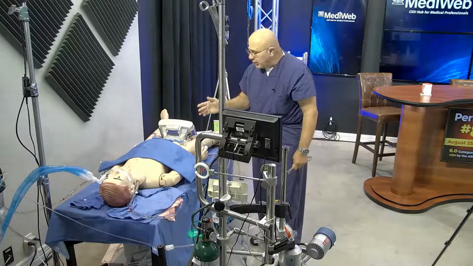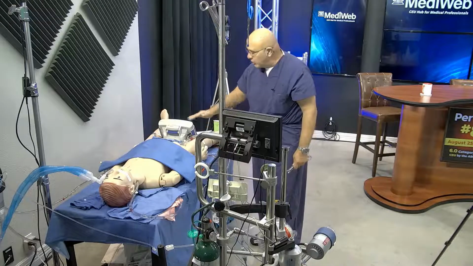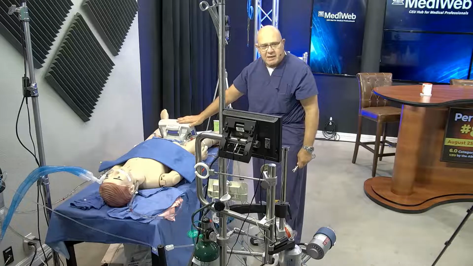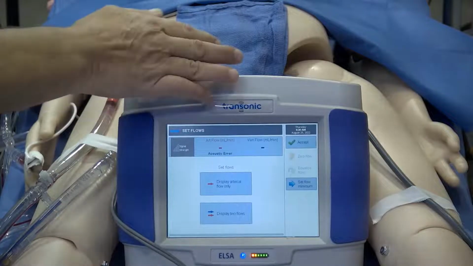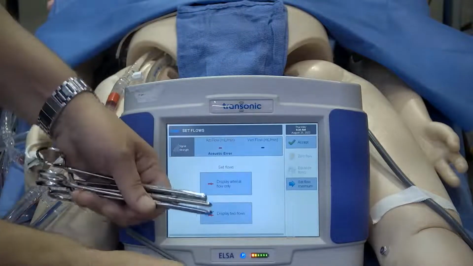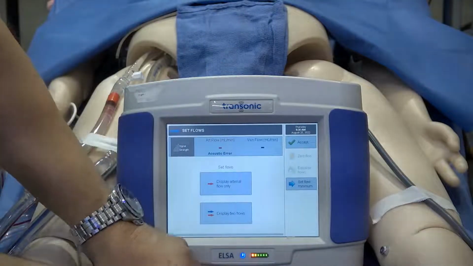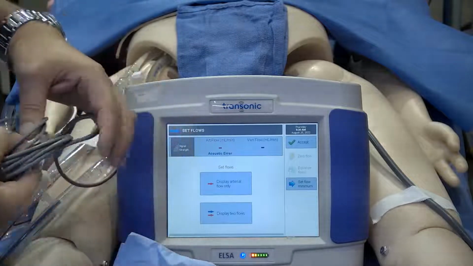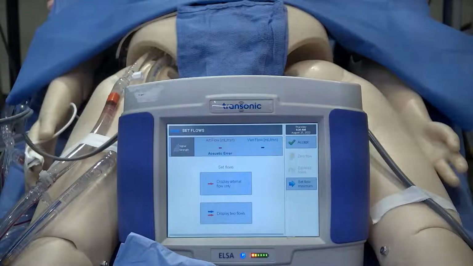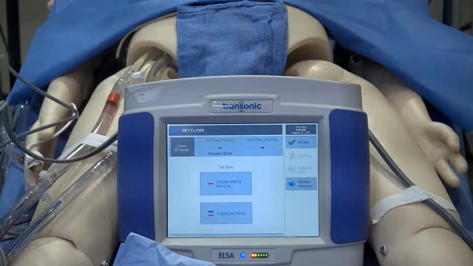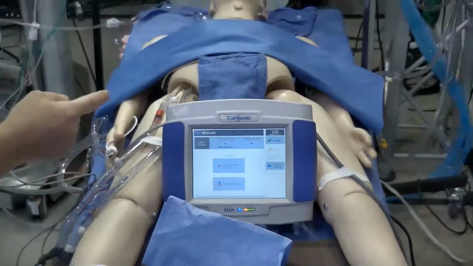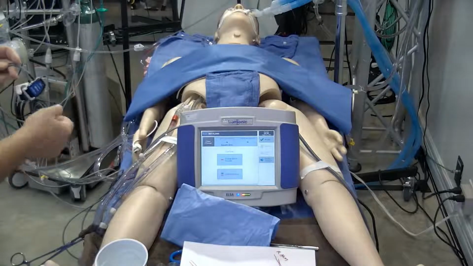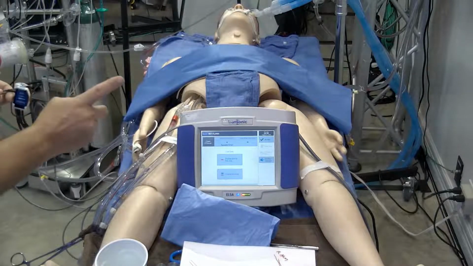Well, in order to understand what we're doing, we look to this Transonic device. So let's go camera 6, and we'll show our Transonic device. And it has flow probes. This device is great for a variety of things. It has flow probe capability that you see here, and it also has the capability of measuring recirculation and oxygenator blood volume.